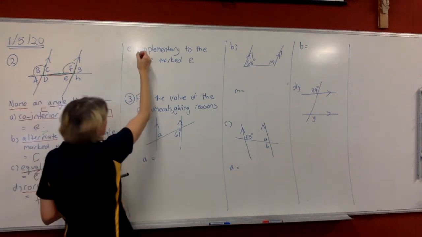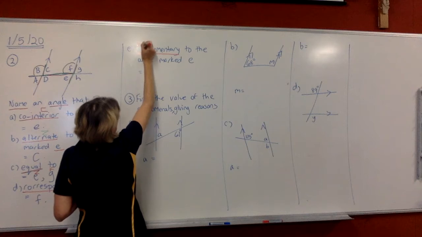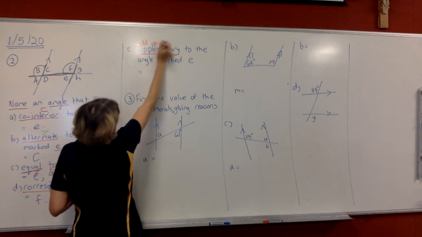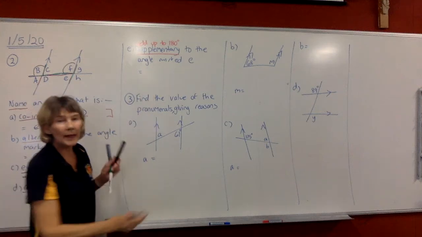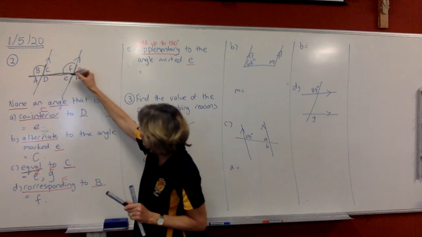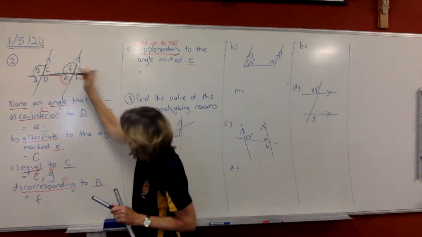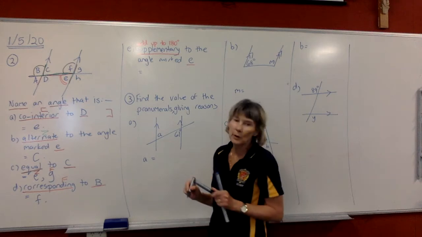So this one here, supplementary means adds up to 180 degrees, with the angle that's marked E. So if we come over here, little e is here. And we've got to find another angle that adds up to 180 degrees.